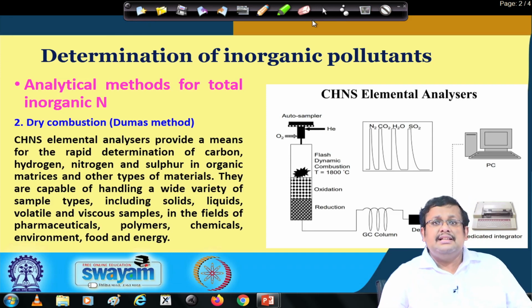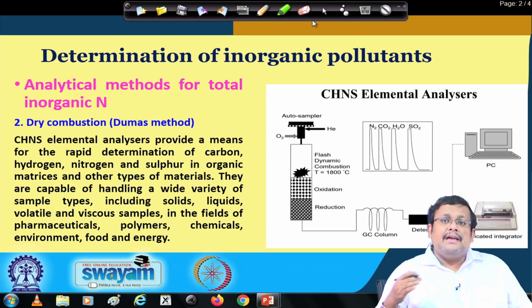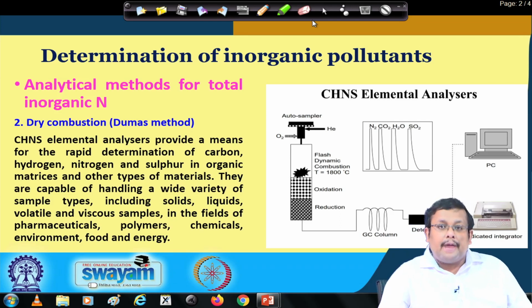The CHNS analyzer is a very important instrument and it is very accurate. So, if you are interested to measure the total carbon and total nitrogen in the soil, you need this instrument, and this is a very sophisticated instrument too.